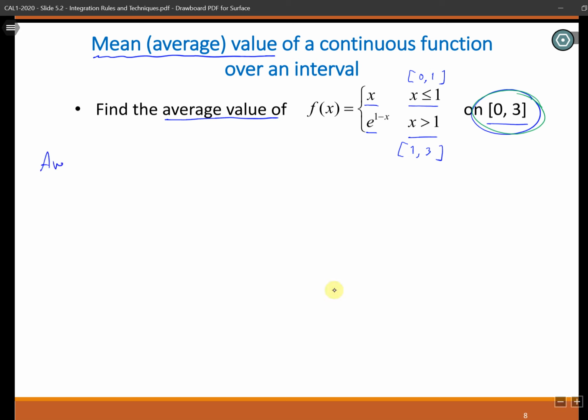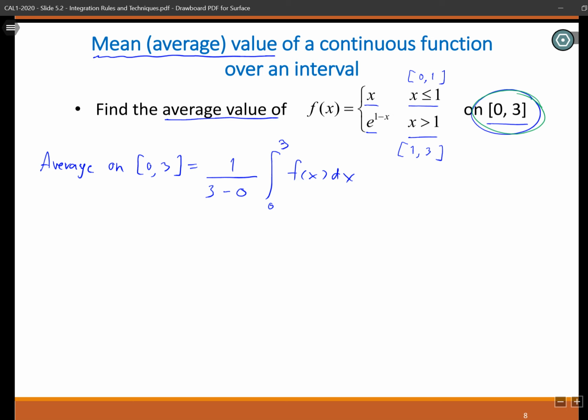So let's use what we know so far. Average on 0 to 3. Let's use the formula right away. It's going to be 1 over b minus a, right? So b is 3, a is 0. Integration of f(x) dx from 0 to 3.